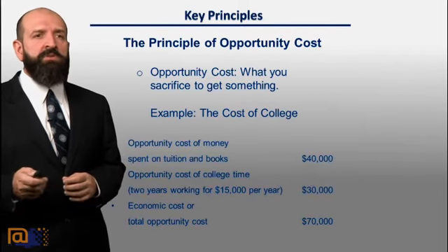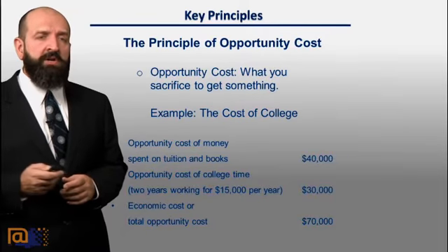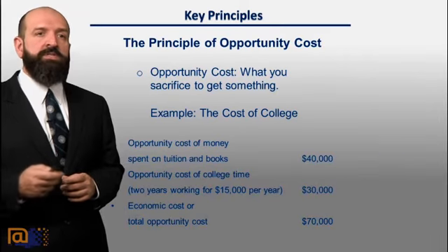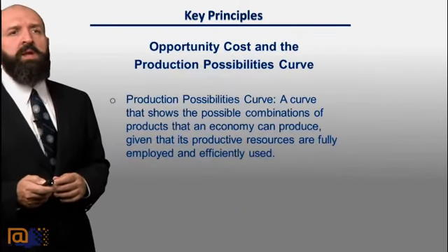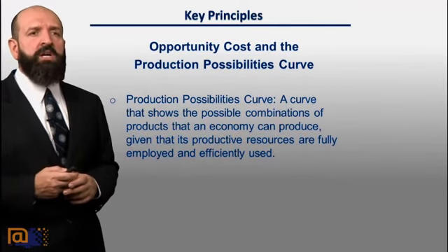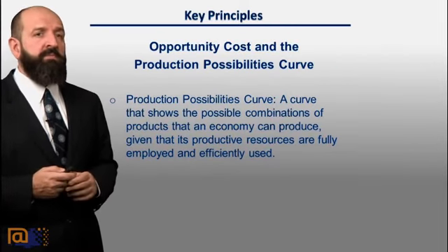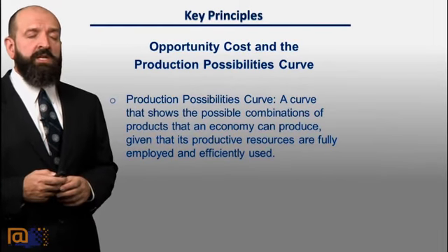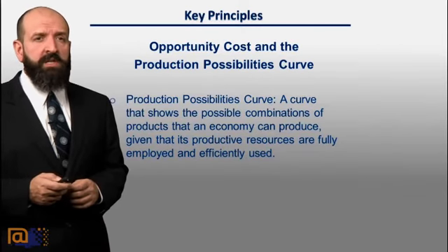So in economics, it's also very important to think about the foregone alternatives that are not available to you because you decided to produce something or undertake a certain activity. What does it translate into the economy as a whole? Production possibilities curve represent all the possible combinations of goods that could be produced in an economy, provided that those resources are used efficiently.